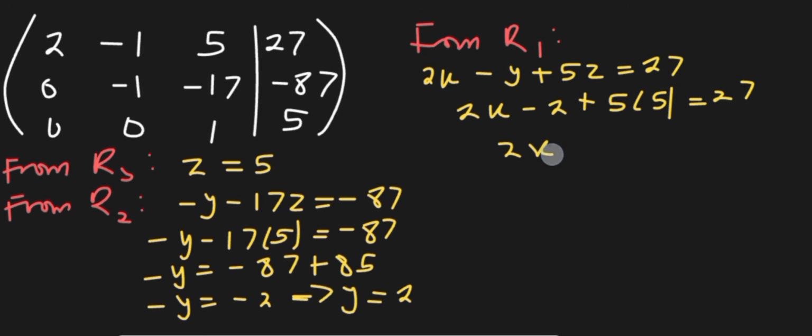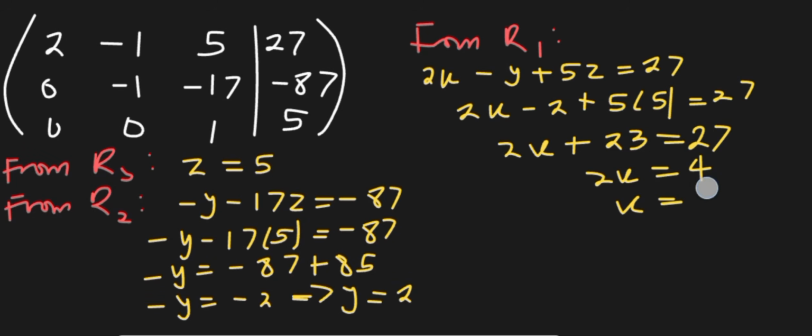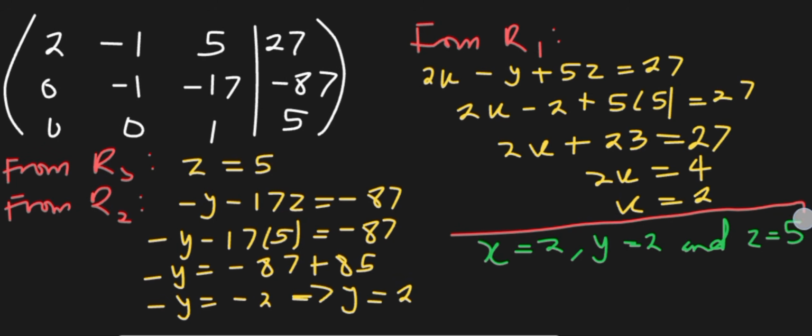That is 2x plus 23, being equal to 27. That is 2x being equal to 4, and x is 2. Thus, we have that x is 2, y is 2, and z is 5 as the solution to the system of linear equation.